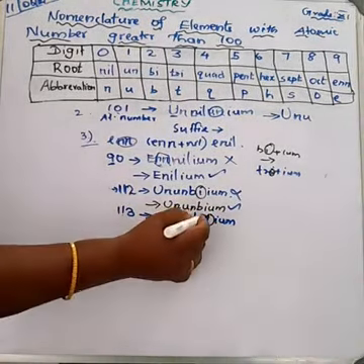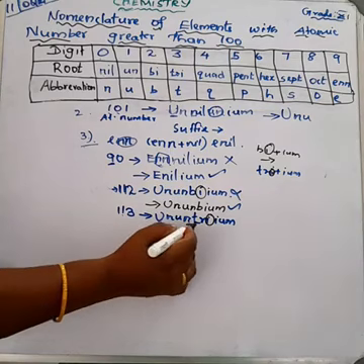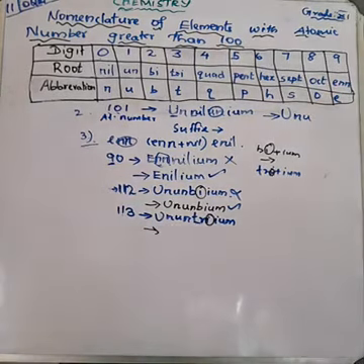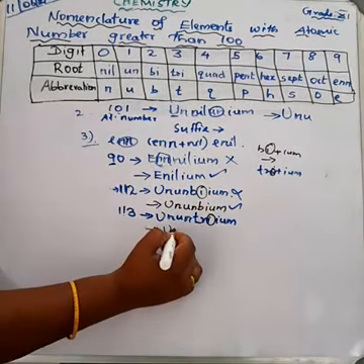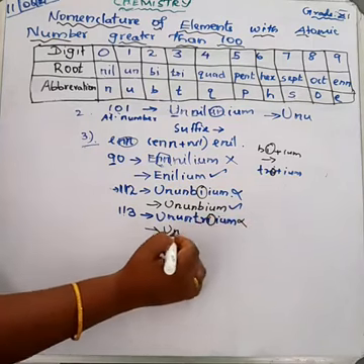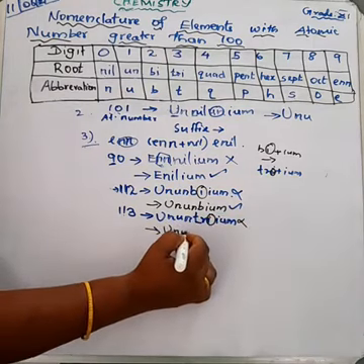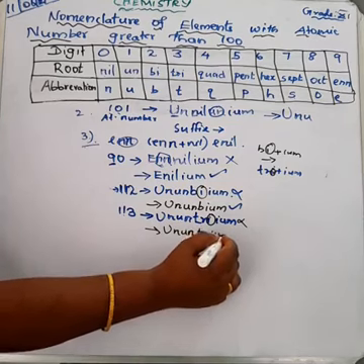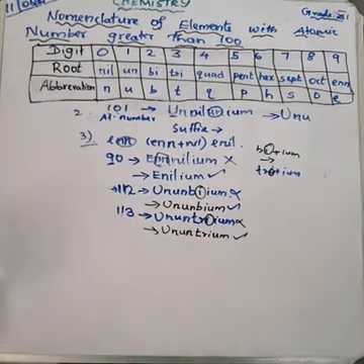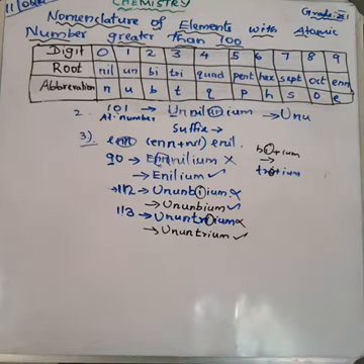The final I of tri is omitted when it is written before ium. Understood? So how can we write this name? Un, un, tr, I is omitted, so we write ium. Okay, this is the name. This is rule 3.